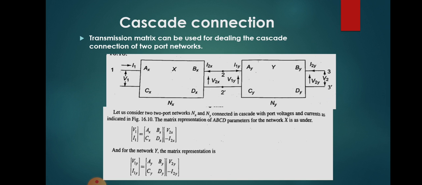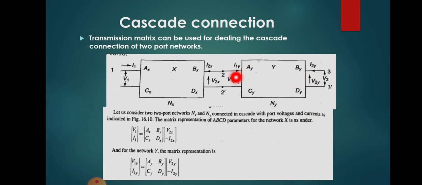In that case, we can use the transmission matrix for dealing with such cascade connection of two-port networks. Let us see what will be the transmission matrix corresponding to this cascaded network. Here we have two networks, NX and NY. NX has input port 1X and output port 2X, and NY has input port 1Y and output port 2Y.